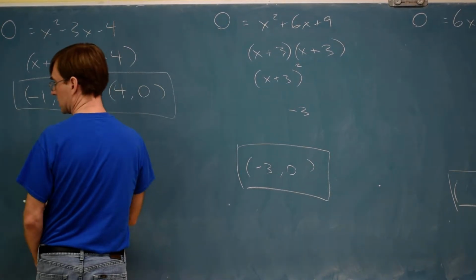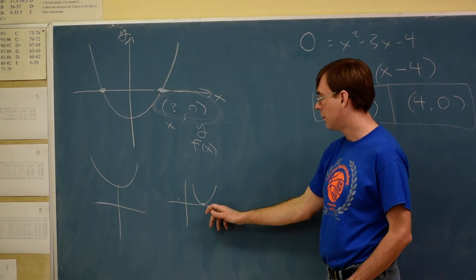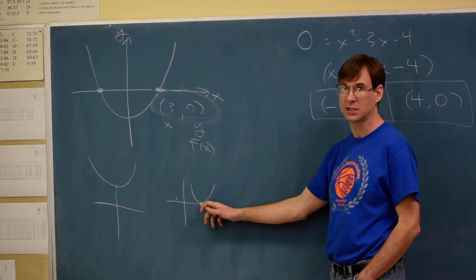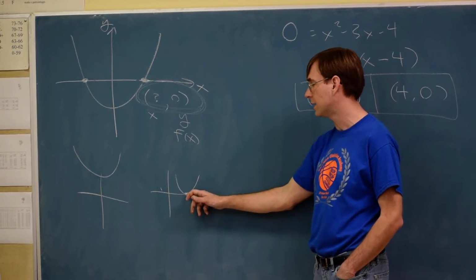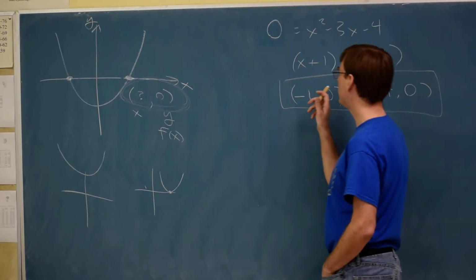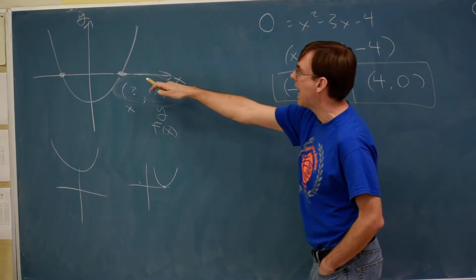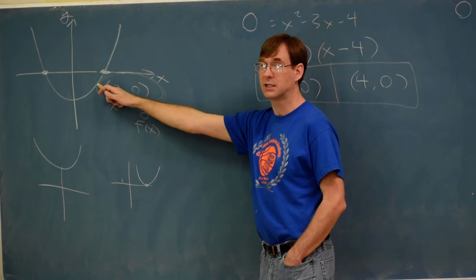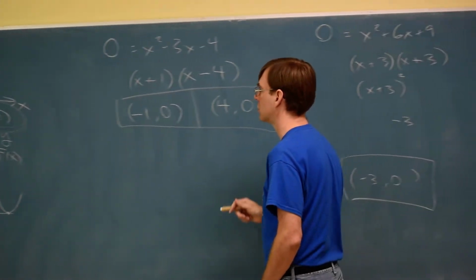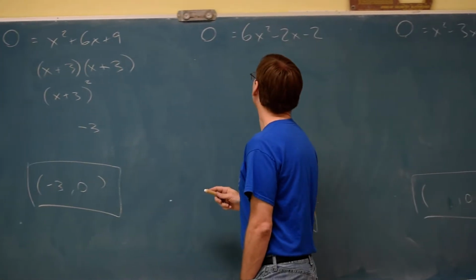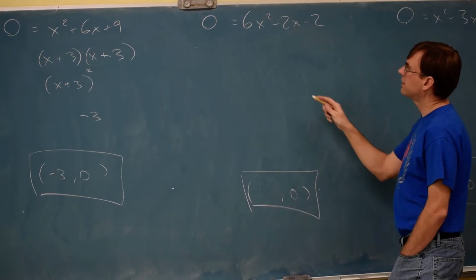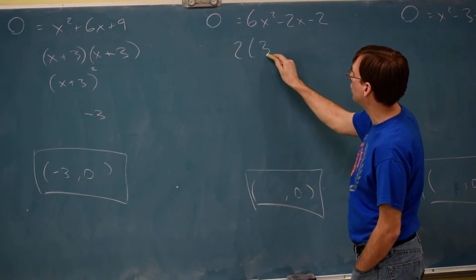That would be a circumstance like this. The vertex is touching the x-axis, and that's the only one point that would touch the x-axis. This would be more of a picture like that, where it would have clipped the x-axis twice and had 2 answers. This one, I think I would try to factor off a 2.